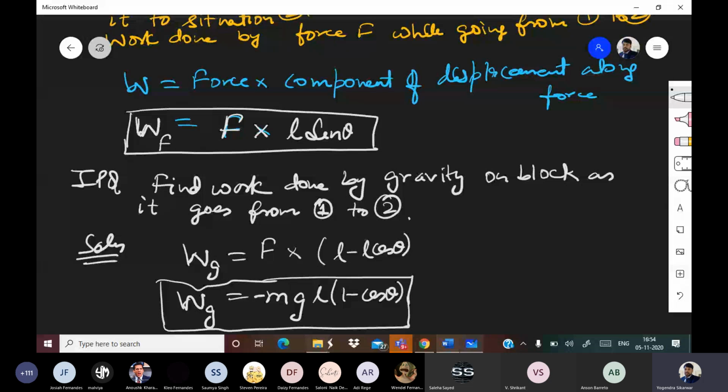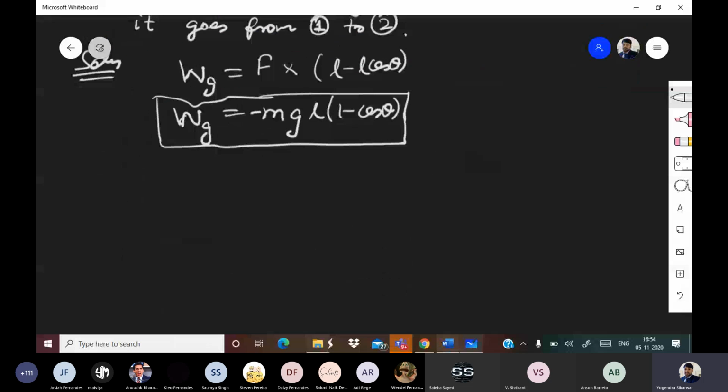So work done by gravity will be force into component of displacement along force, which is L minus L cos theta. So mg into L minus L cos theta with a minus sign, because force and displacement are opposite. It was that easy. Next question.